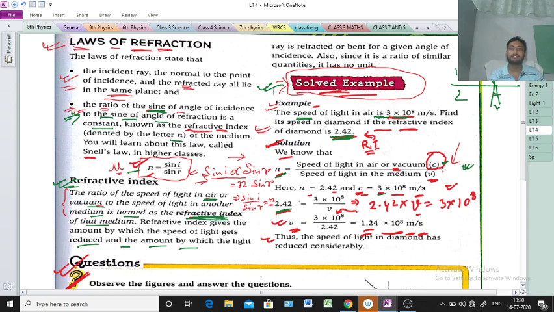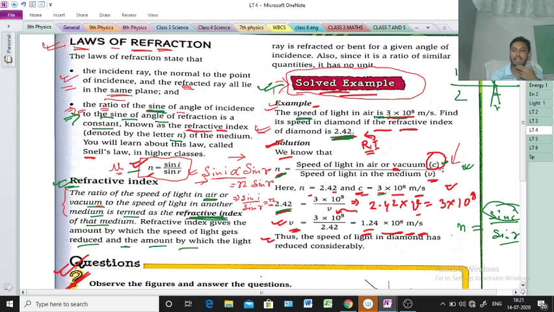You know very well n equal to the velocity of light in vacuum, that means sin i upon sin r. So the total value of this is 3 into 10 to the power 8 meter per second.